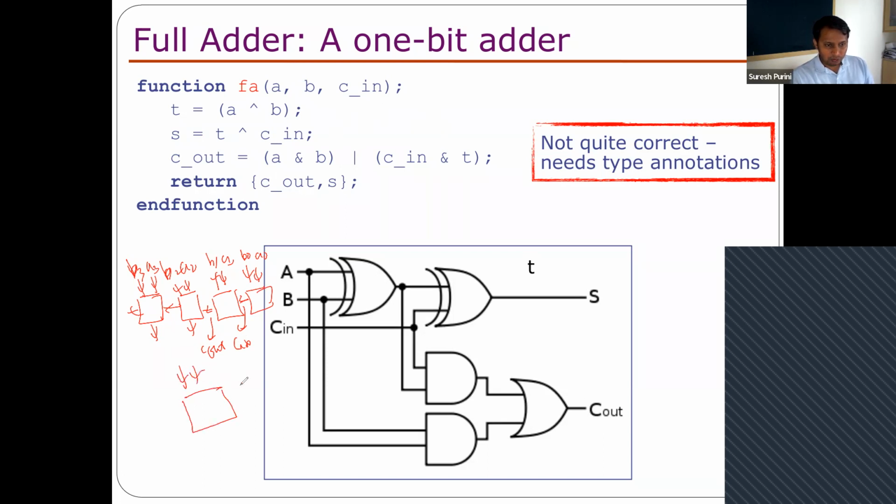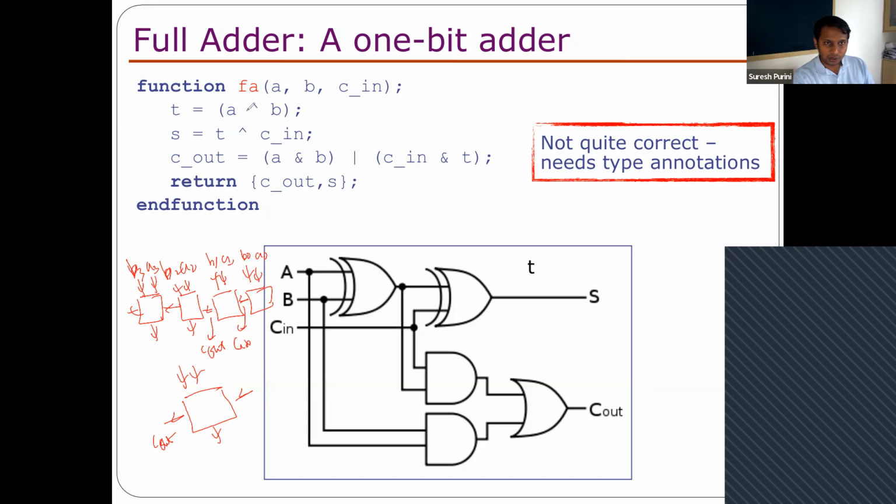When you take 2 bits, a carry in and a carry out, the sum bit is nothing but the exclusive OR of the 2 input bits and C in. So that's what is happening here.